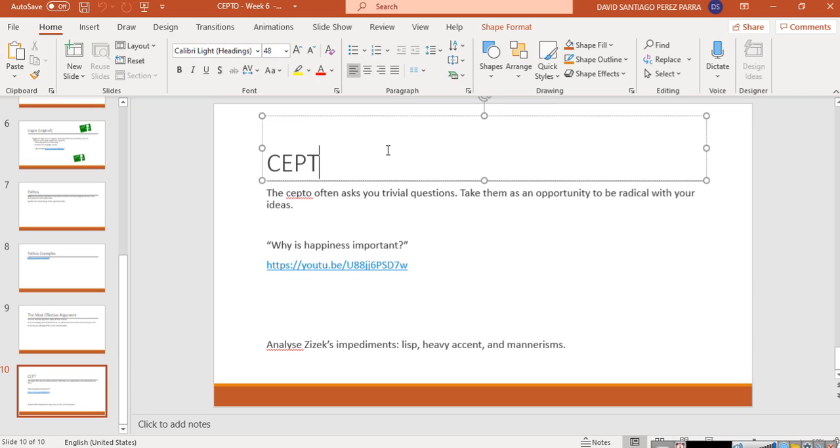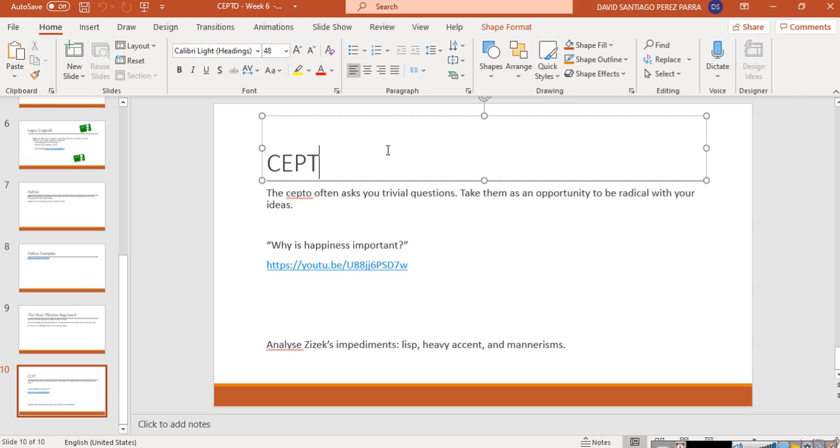So take them as an opportunity to be radical with your ideas. And some analogy that I make for this is that I don't know if you already work for a very big company, and while you're doing the interview, you probably need to take an exam. In this exam, they're going to ask you, how do you feel towards working with people from other races?